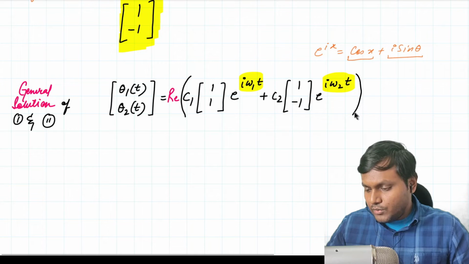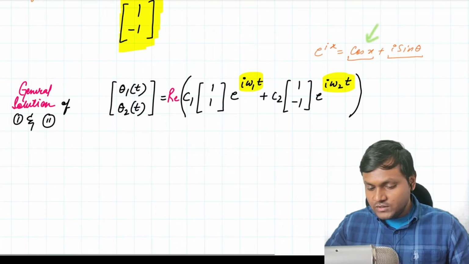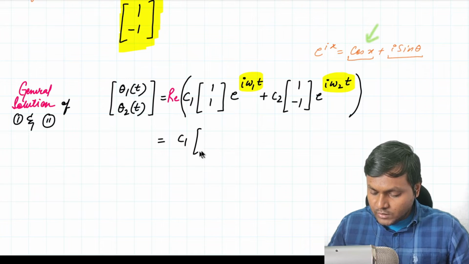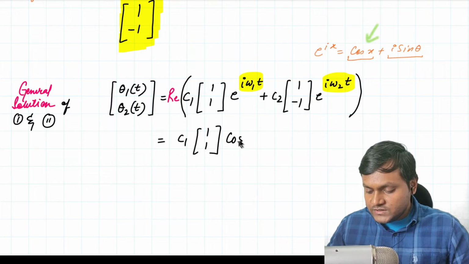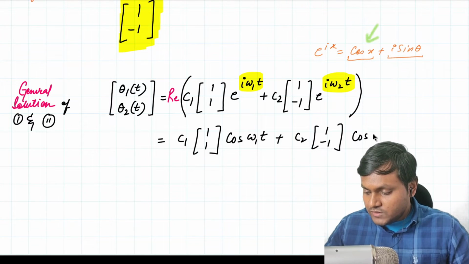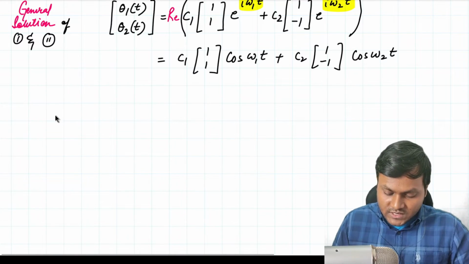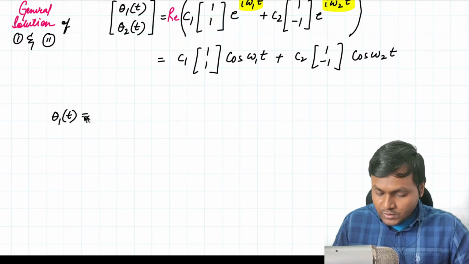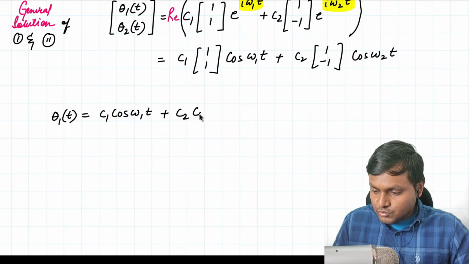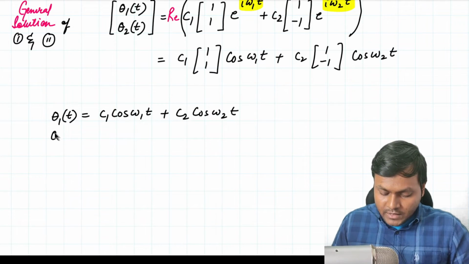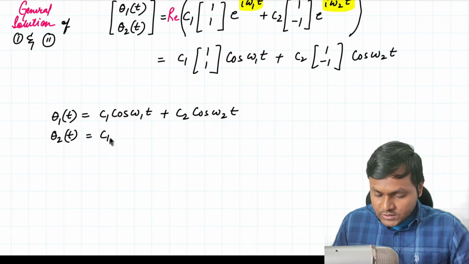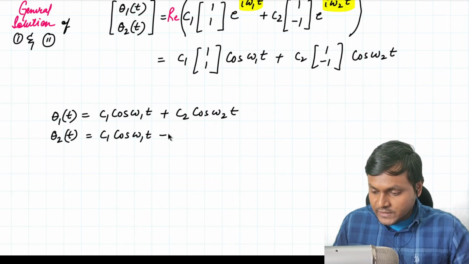The real components, you'll only get the cos x term. So this is nothing but c1 times (1, 1), you will get cos omega 1t, and c2 times (1, -1) cos omega 2t. Thus we can finally write down the solutions: theta 1 of t is equal to c1 cos omega 1t plus c2 cos omega 2t, and theta 2 is equal to c1 cos omega 1t minus c2 cos omega 2t.